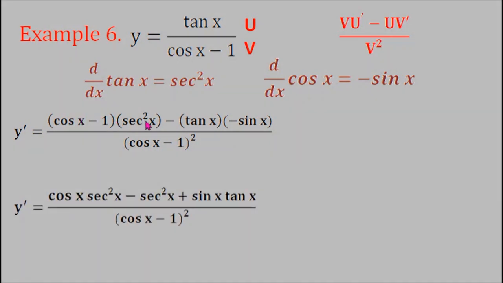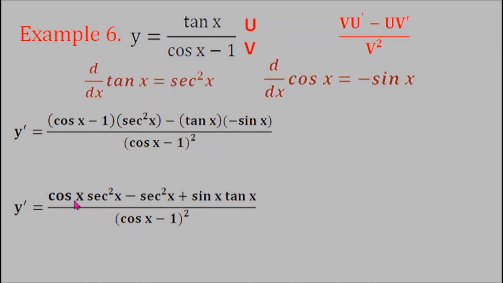So we have secant squared x times cosine x is cosine x secant squared x, and then secant squared x times negative 1 is negative secant squared x, and then we can also multiply negative tan x and negative sine x. That gives us positive sine x tan x, and we will just copy down the denominator cosine x minus 1 quantity squared.